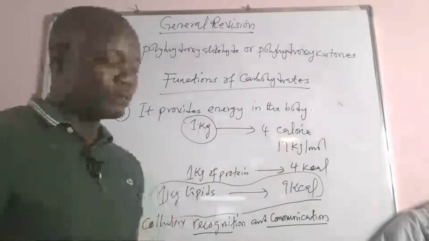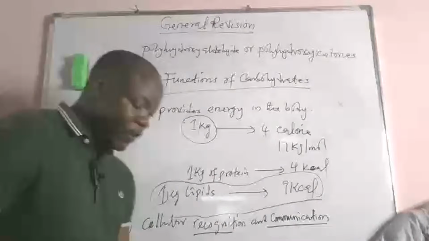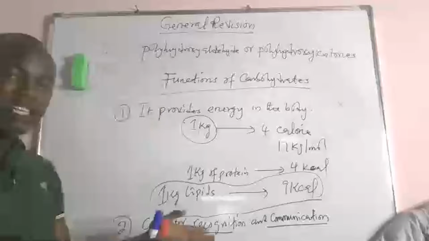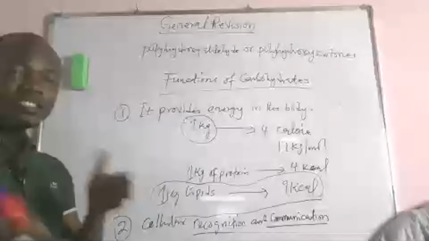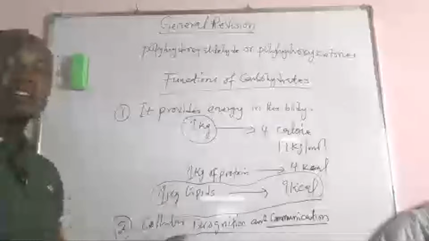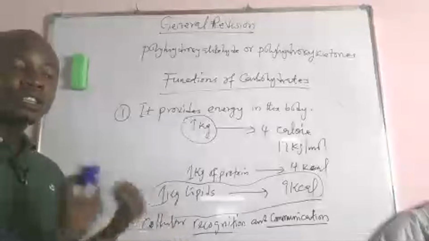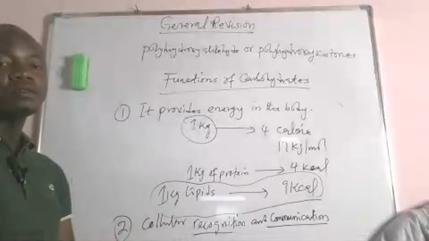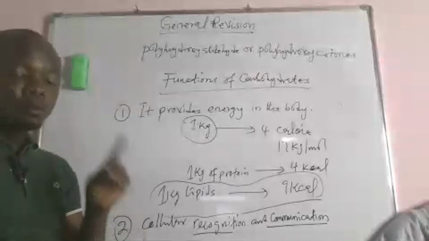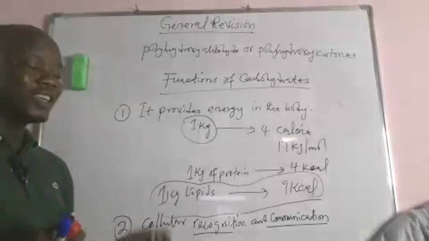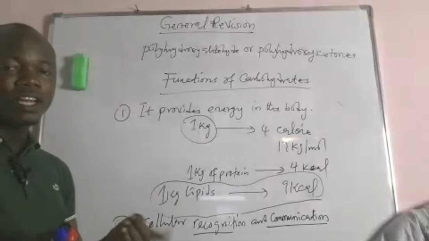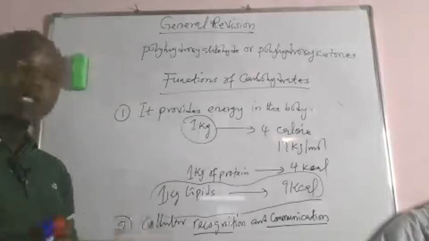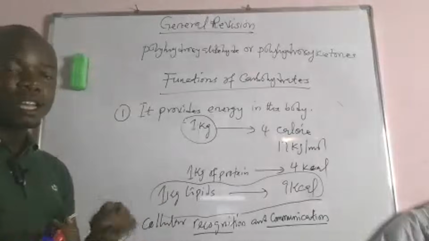For example, how does the body differentiate self and non-self cells? The immune system in our body takes care of a cancer cell. If there is a cancer cell, our immune system can recognize it and eliminate it.